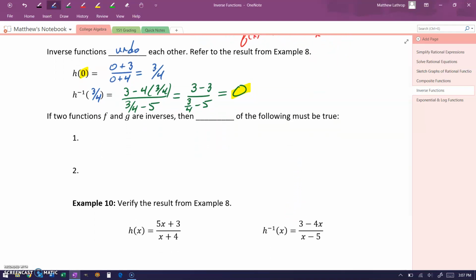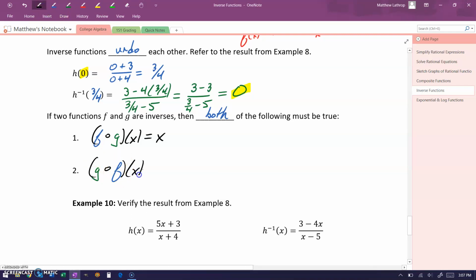If two functions f and g are inverses, then both of the following statements have to be true. We have to be able to say that f of g of x is equal to x, and that g of f of x is also equal to x.